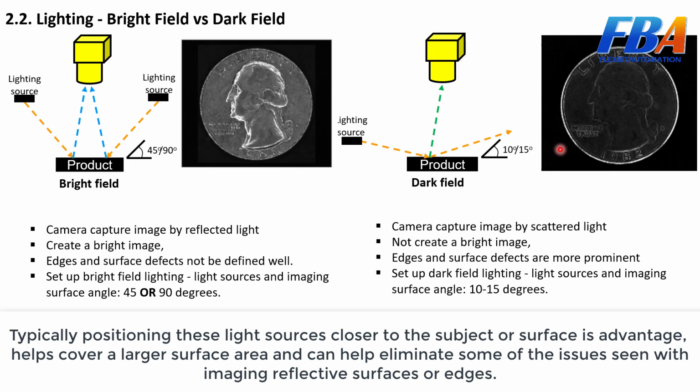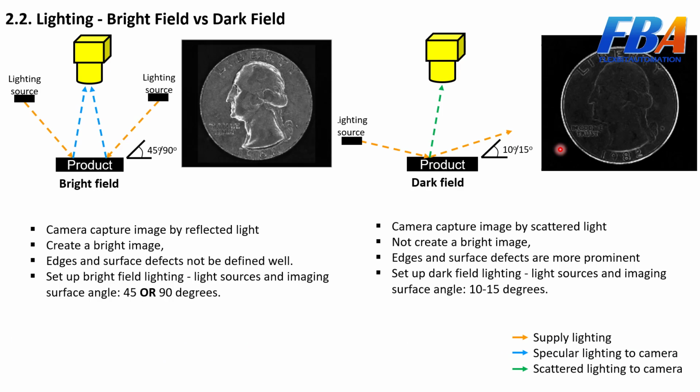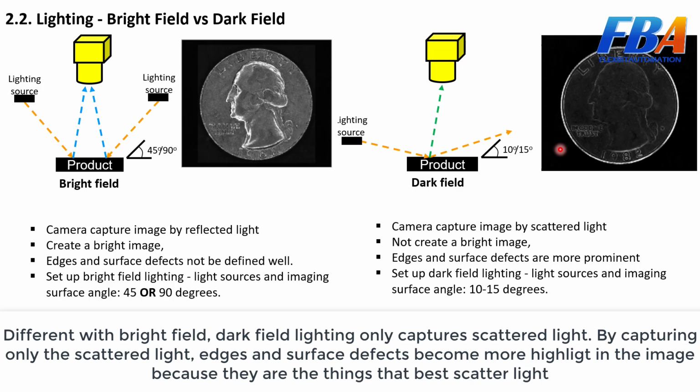And about dark field, different from bright field, dark field lighting only captures scattered light. By capturing only the scattered light, edges and surface defects become more highlighted in the image because they are the things that scatter light best.